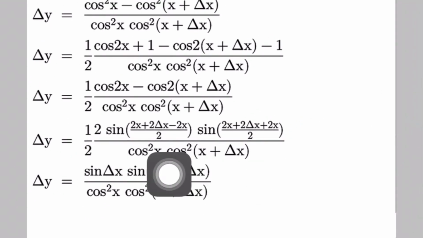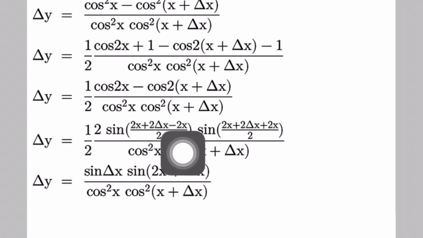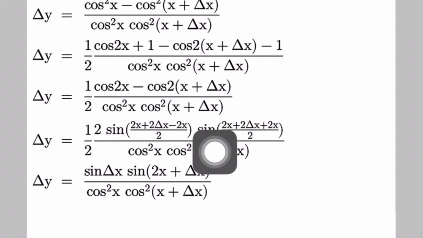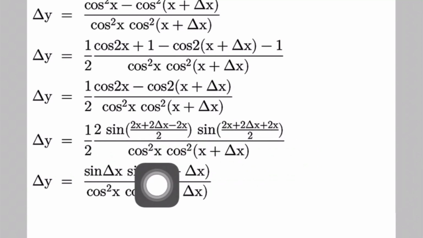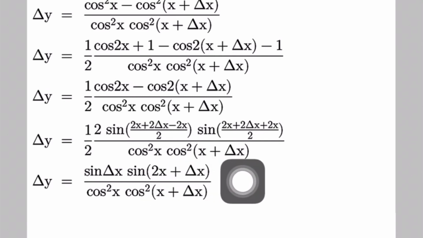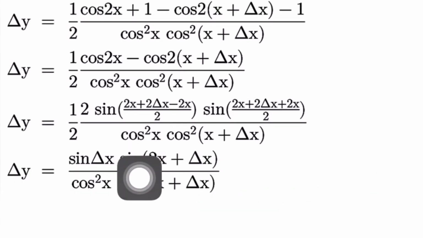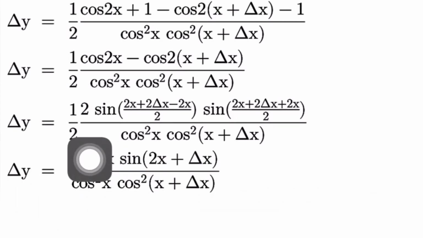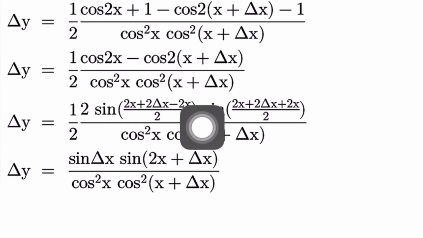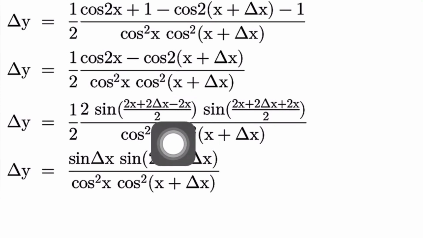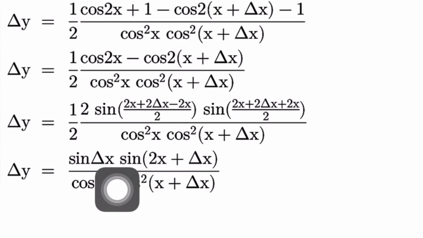Using that relation we have 2 times sine of 2x plus 2 times del x minus 2x divided by 2 times sine of 2x plus 2 del x plus 2x divided by 2 whole divided by cos square x times cos square x plus del x. Now here del y is equal to, here 2 cancels out, and inside this sine there is 2x and minus 2x, so the 2x and 2x cancel out, and this 2 also cancels this 2, so we are left with sine of del x.